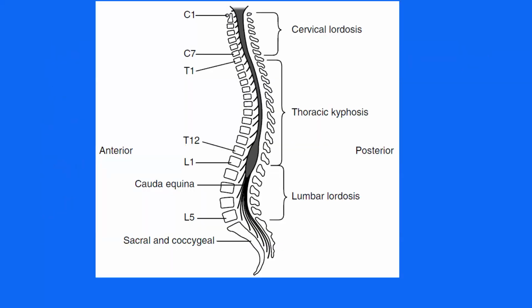This shows you the spine. Show the cervical spine. You see that there is cervical lordosis. The thoracic, you see thoracic kyphosis and lumbar lordosis. Finally, the sacral and sacrococcygeal is kyphotic.